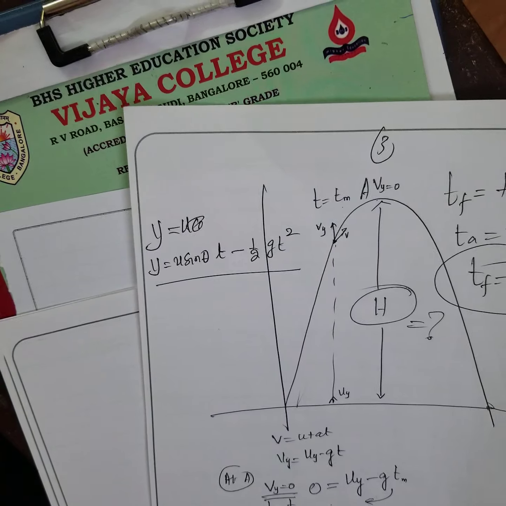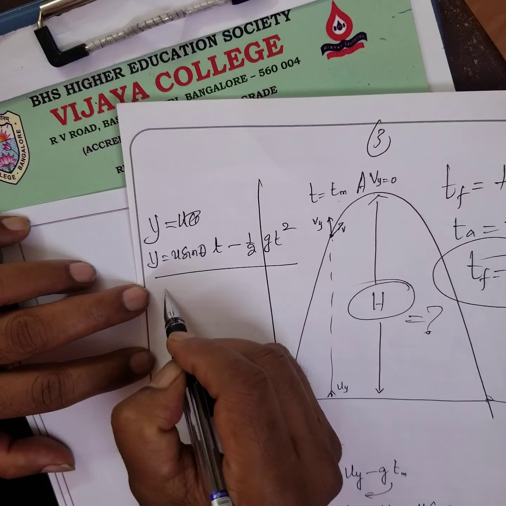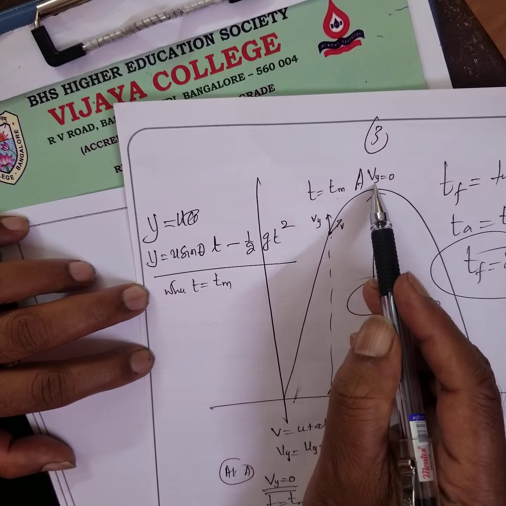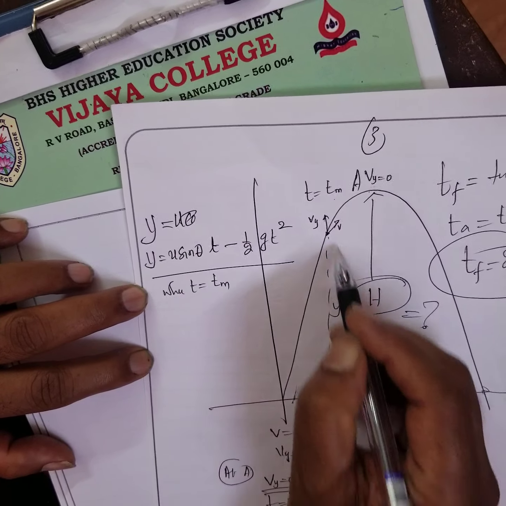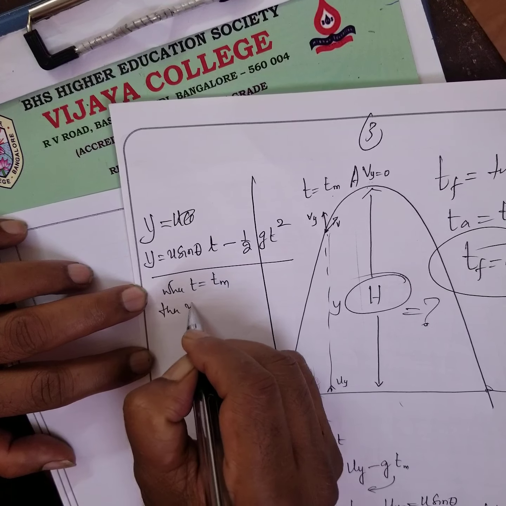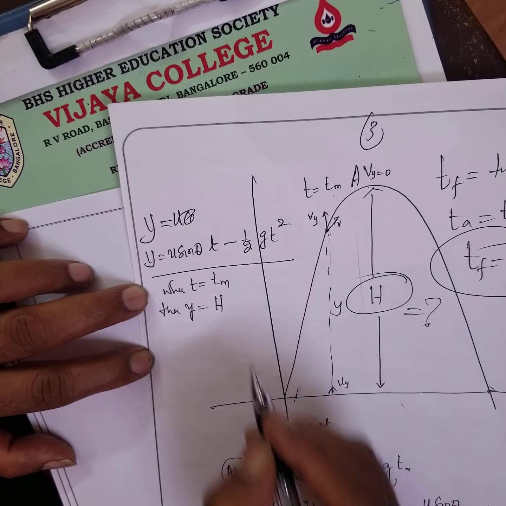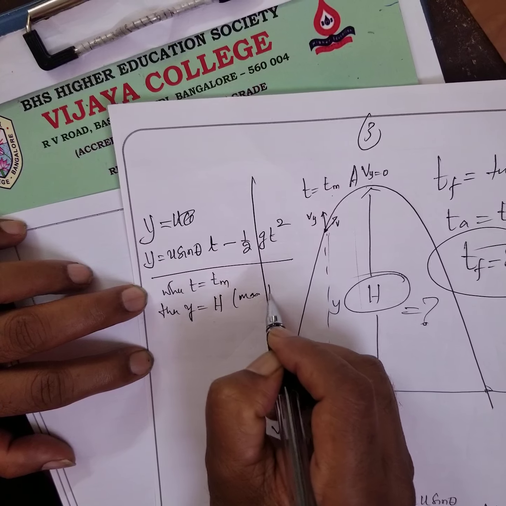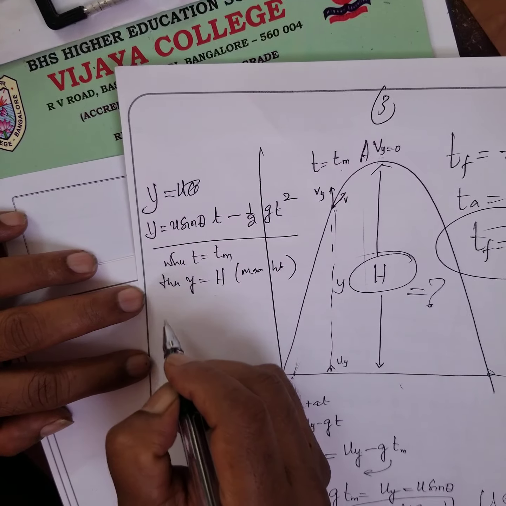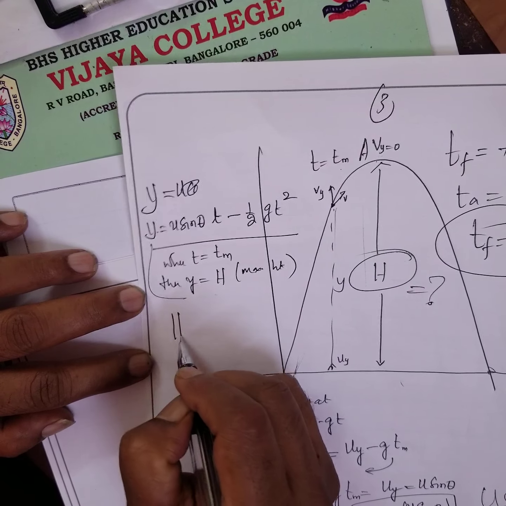Here, when t is equal to Tm, what happened to this y? Y gradually increases to h, is it not? Then y becomes h, the maximum height. Therefore, you substitute here. Y becomes h.